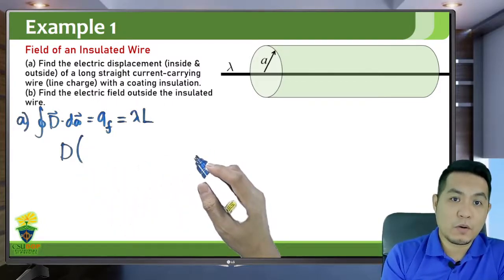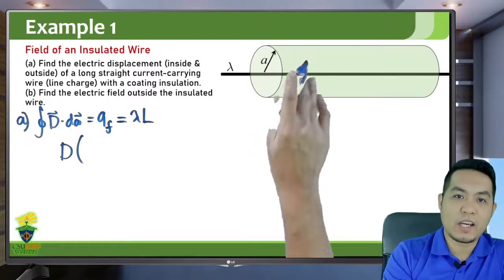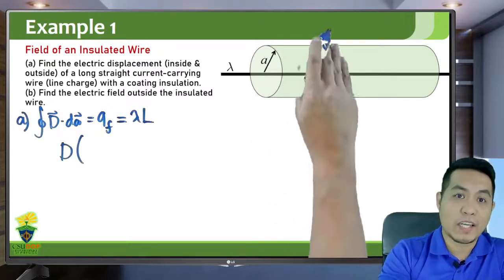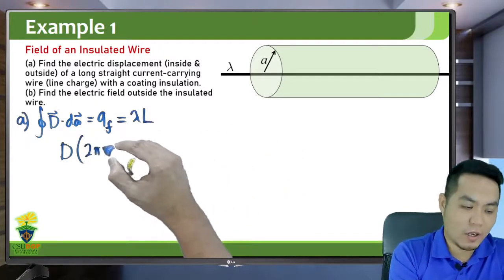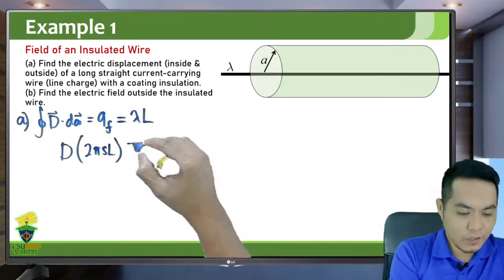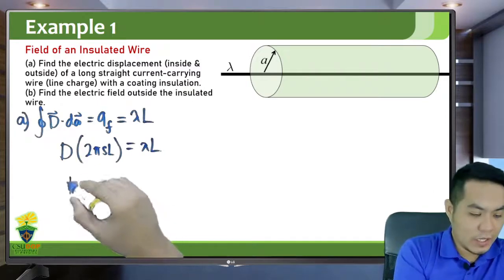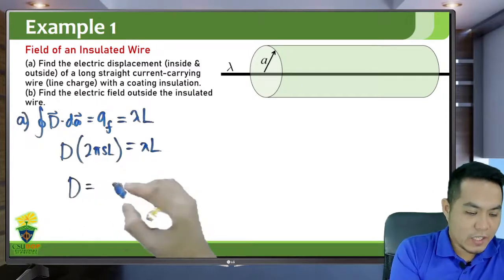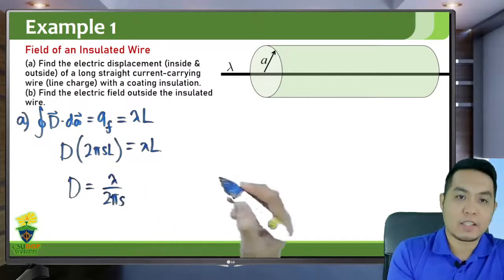The area concerned here is the area of the body of the cylinder, which is 2 pi s L, equal to lambda L. So from here we see that the electric displacement is just equal to lambda over 2 pi s.